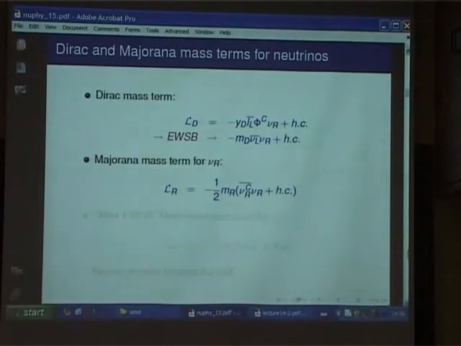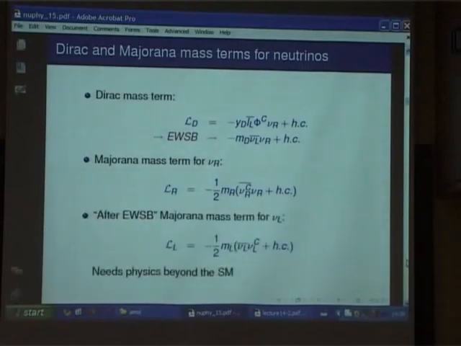Next we know that nu r can have another mass, and this we write as minus half m r, nu r c bar nu r plus its conjugate. If at all the left-handed neutrino gets a Majorana mass, it will look like this: minus half m l nu l bar nu l plus its conjugate.